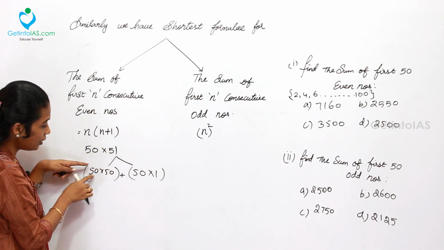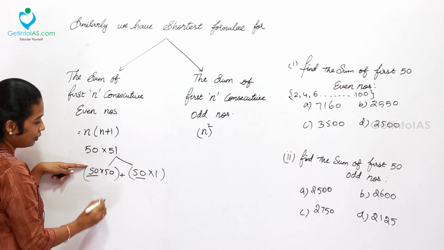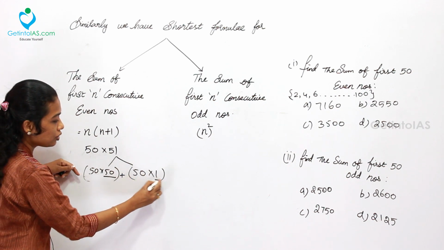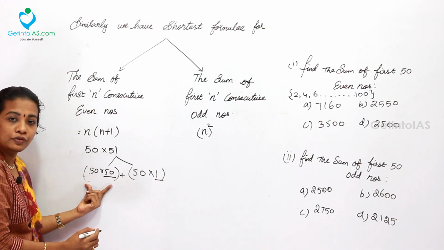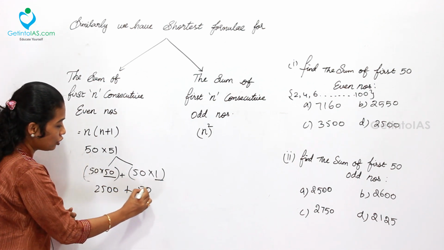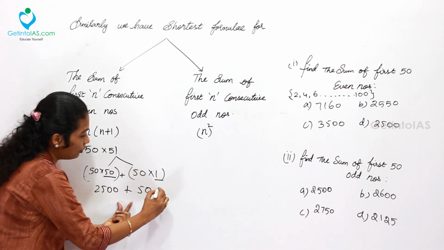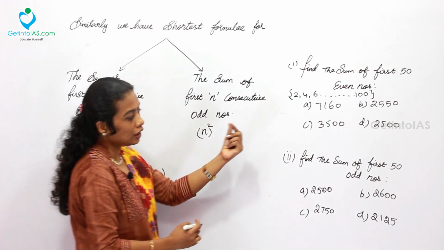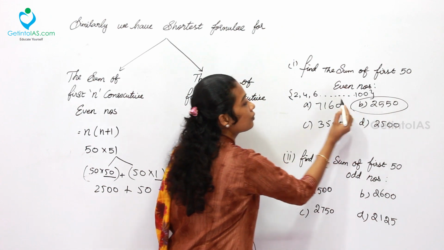So 51 is split like this, 50 and 1. Now you can calculate 50 square, that is 2500, plus 50, which is going to be 2550, which is given in option B.